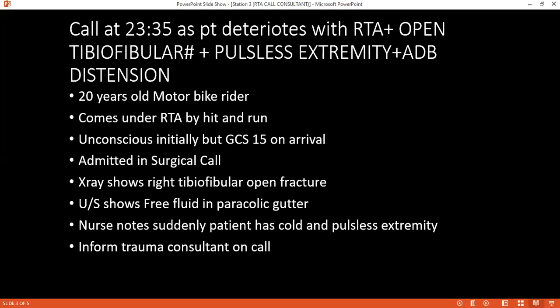Is it liver or is it spleen? Which side is it? And you'll manage the patient before you inform the general surgeon, and you'll be preparing the patient for exploratory laparotomy.